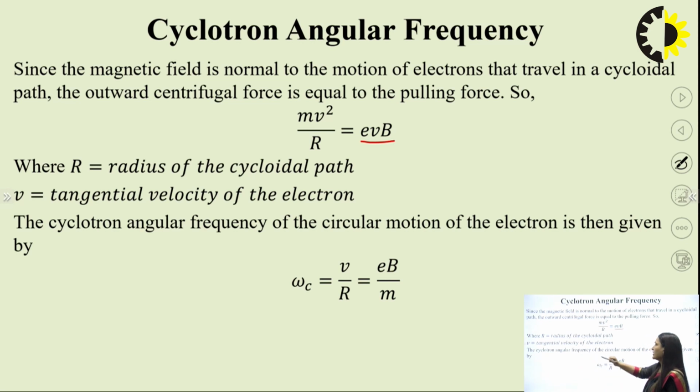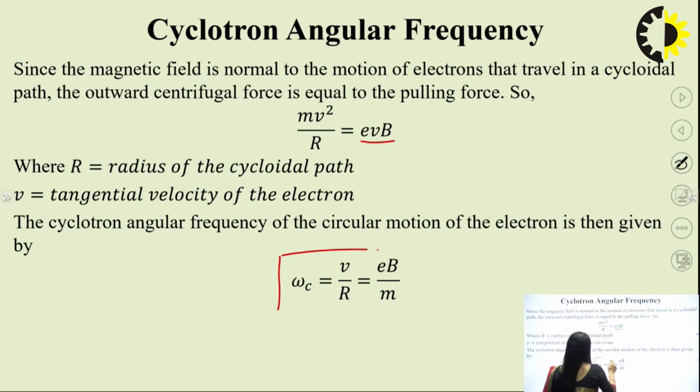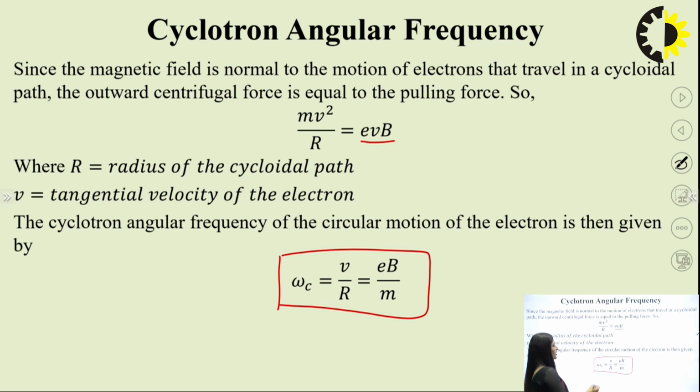So the angular velocity of circular motion of the electron is given as omega c is equal to v by r, which is equal to e B by m. V is the velocity of the electron and r is the radial path which is followed by the electron, e is the charge of the electron, B is the external magnetic field and m is the mass of the electron.